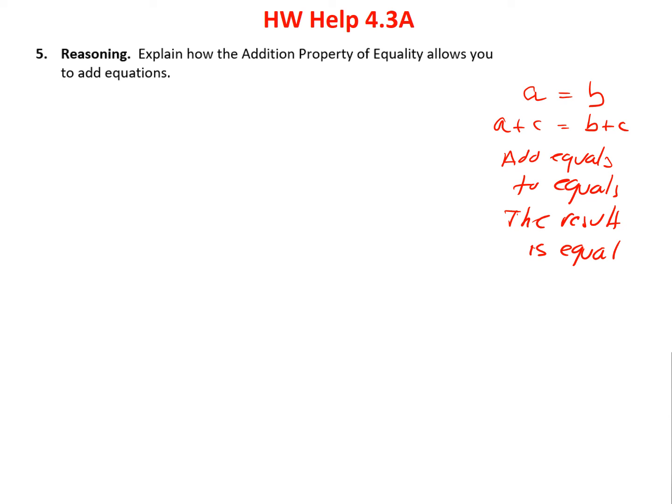So if I have an equation like 2x plus 3y equals 8, this is equal to equal. And if I have another equation that says 6x minus 3y equals 16, this is equal to equal.